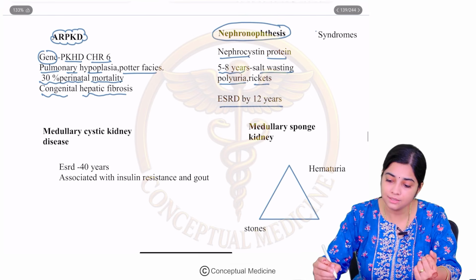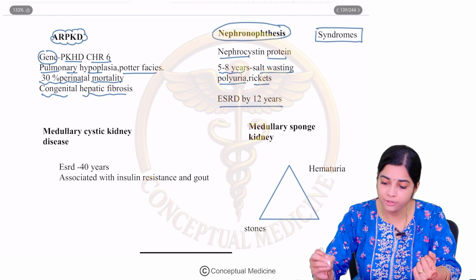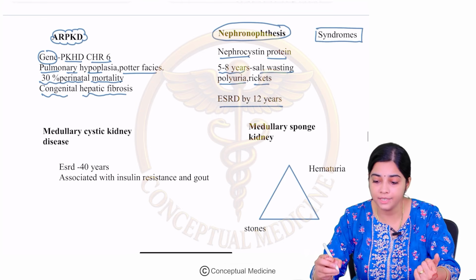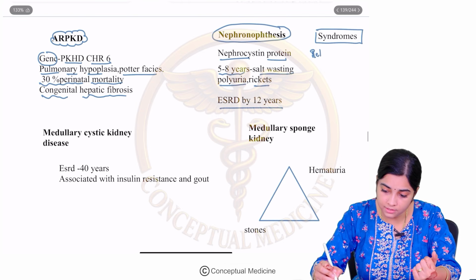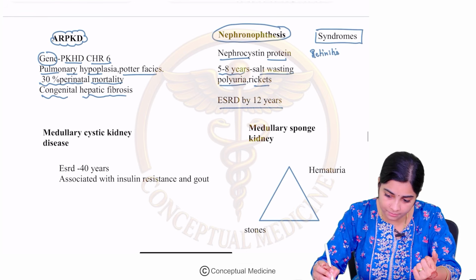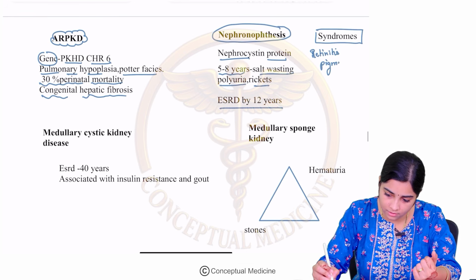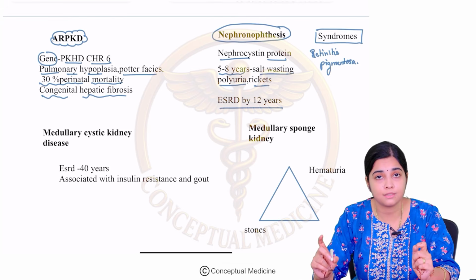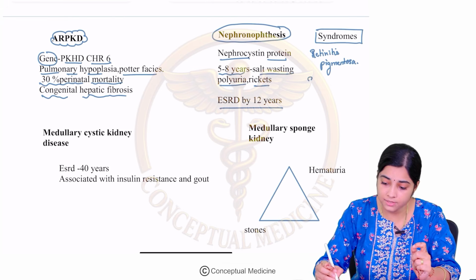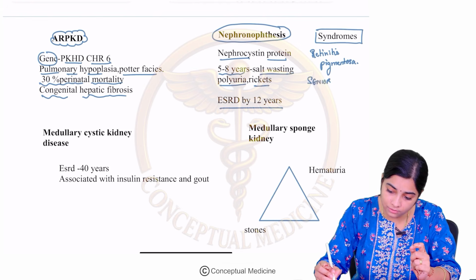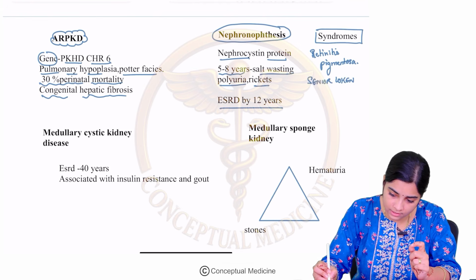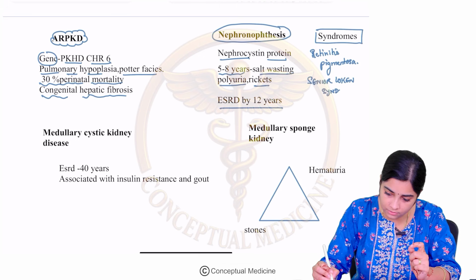Now there are certain syndromes with which nephronophthisis is associated, right? So if nephronophthisis is associated with retinitis pigmentosa, it is called Senior-Loken syndrome.